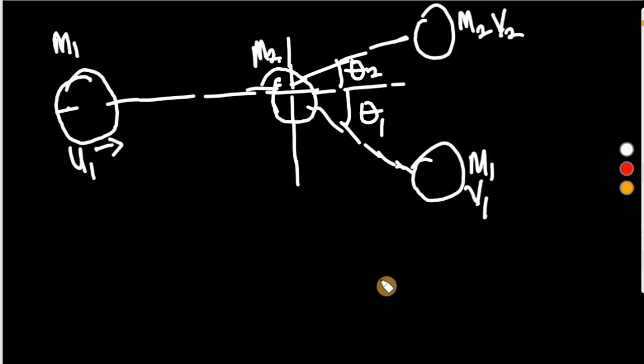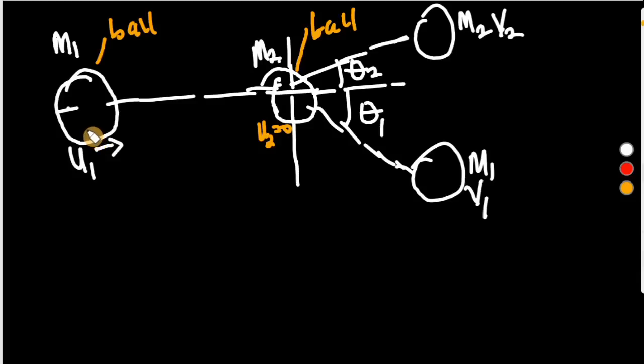So here, as we can see, we have two billiard balls. This is ball 1, this is ball 2. Ball 2 is stationary, so the initial velocity of ball 2 is 0.